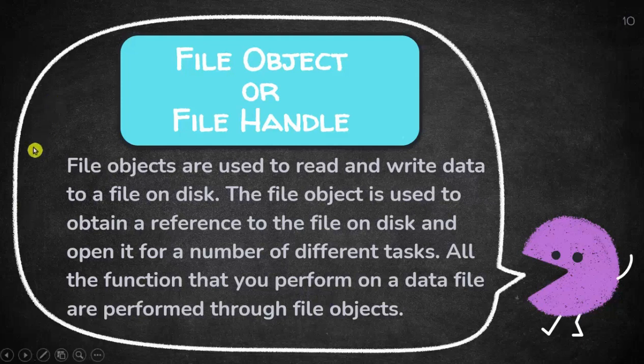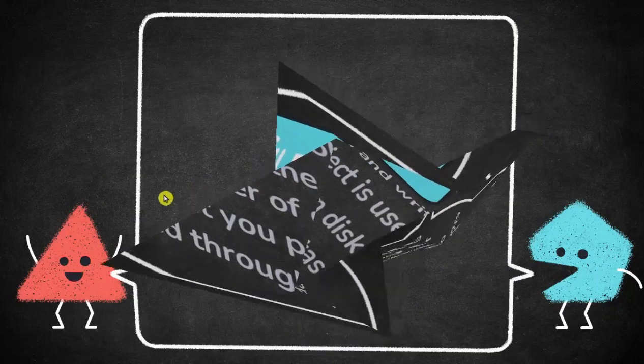So for that we need file objects. And if I want to read, write or append something, I will apply all these operations with the help of file objects. Without file objects I cannot access these functions. Okay, so we will see all these in the example.